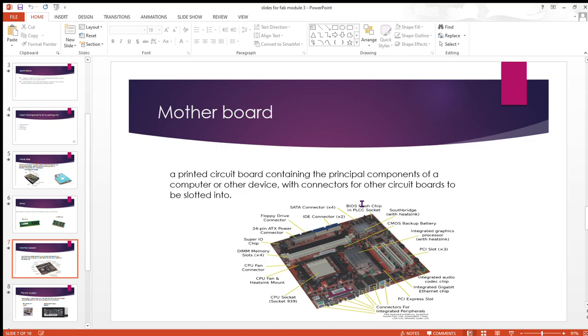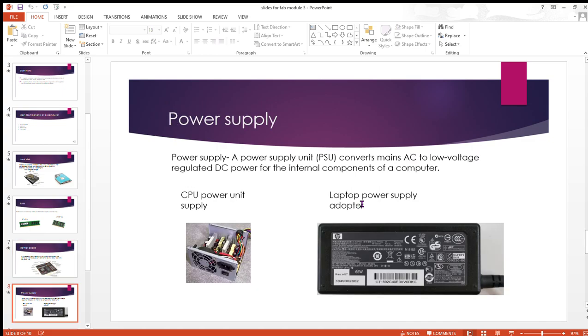All right. Now, another main component is the power supply. With me here, I have two images: the adapter for the laptop and the power supply unit for the CPU. Now, a power supply unit, that is PSU, converts mains AC to a low voltage regulated DC power for the internal components of a computer.